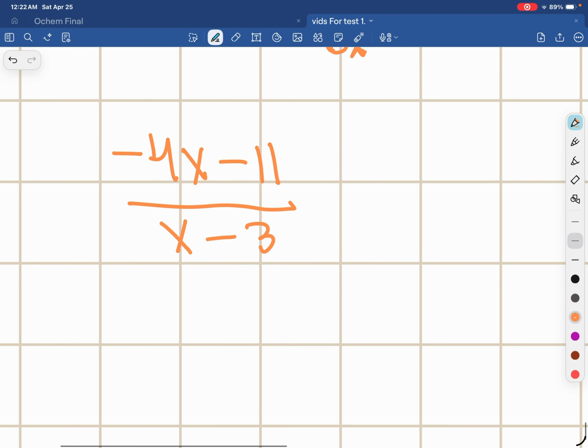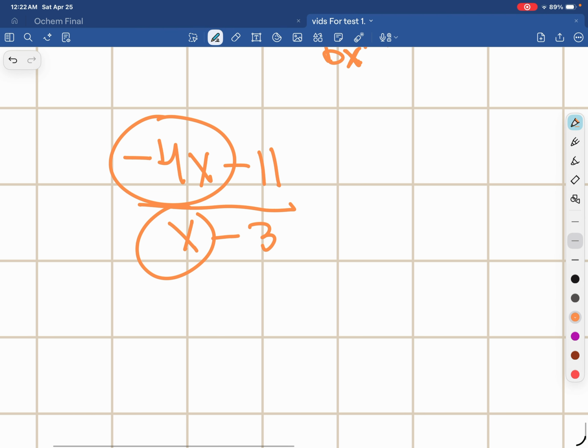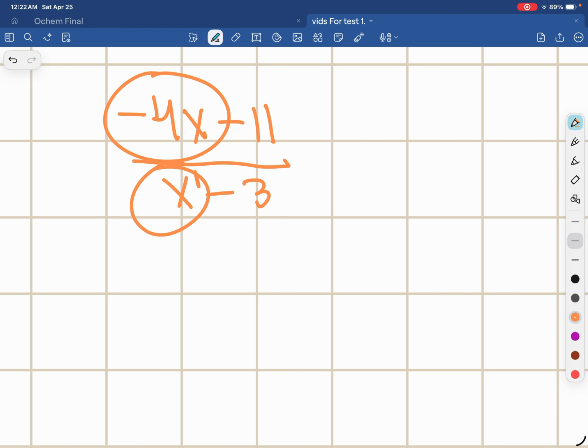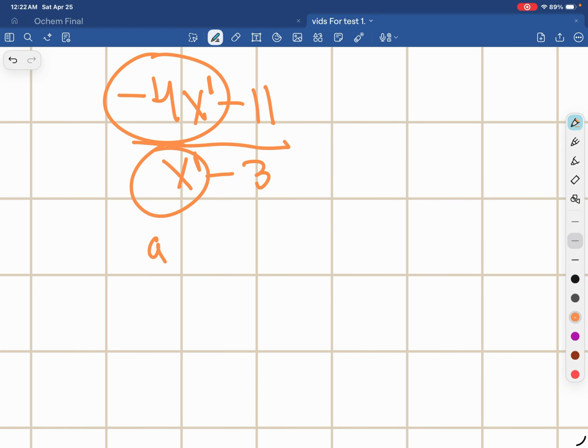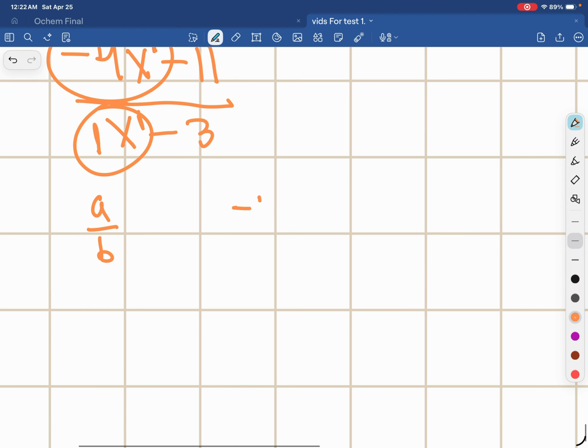In this situation, we're just looking at the leading terms. So we see that this has a power of 1 and a power of 1. So we're going to just simply take a over b. And in this situation, there's an imaginary 1 right here. And we'll take negative 4 divided by 1, which will give us negative 4.